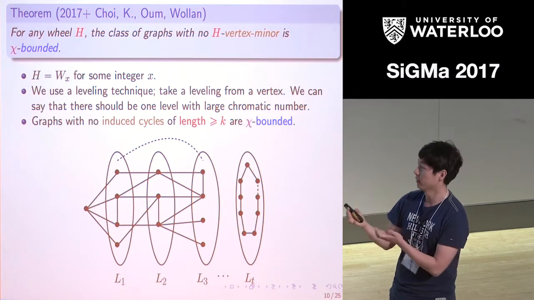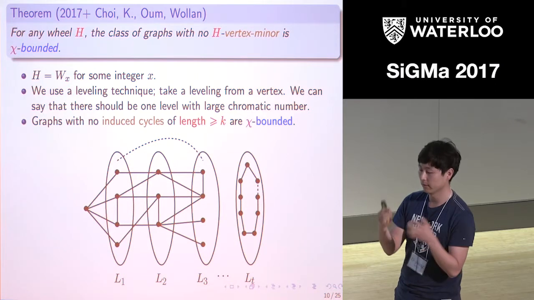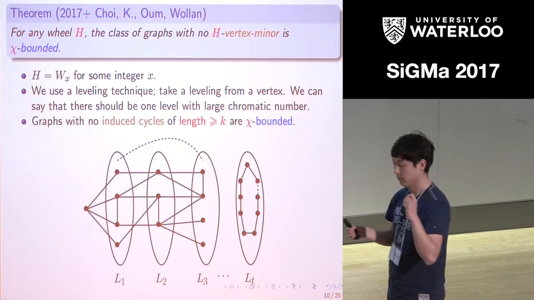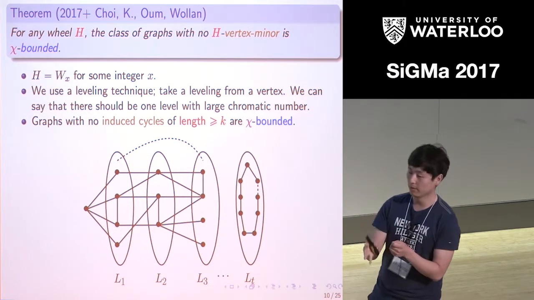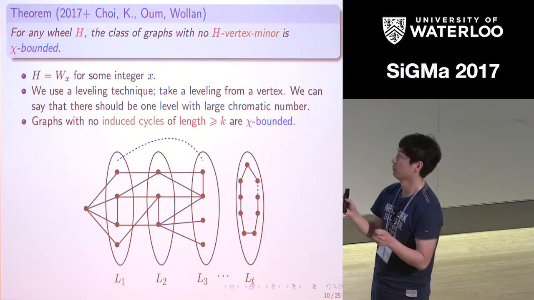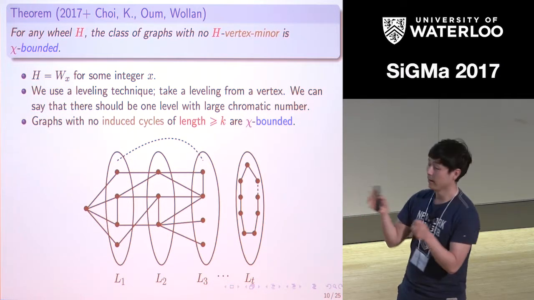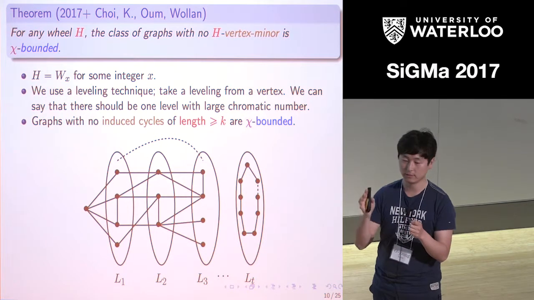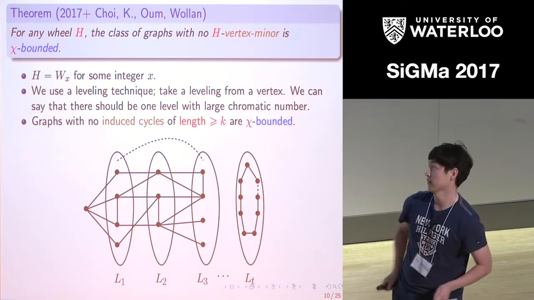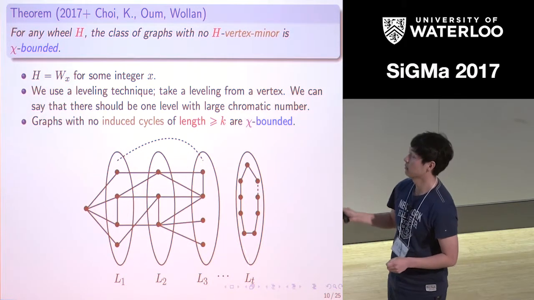You can just color each connected component individually, so you can consider only connected graphs. And then you fix any vertex, and then you take layers from this vertex, meaning that L_i is the set of all vertices at distance i from this fixed vertex. Then the picture looks like this.